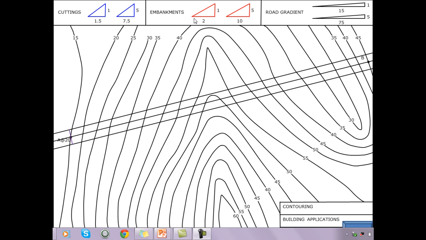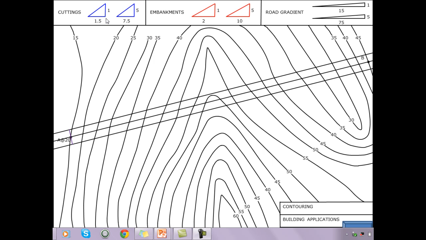So when given any of these questions, probably the best thing to do is to first of all work out each of your ratios, your cut, your fill ratio and your road gradient in relation to the contour intervals that we have. So if we look at our map, the contour intervals here you can see are rising up in 5 meter intervals. So with that in mind, we'll convert our ratios into 5 meter intervals.